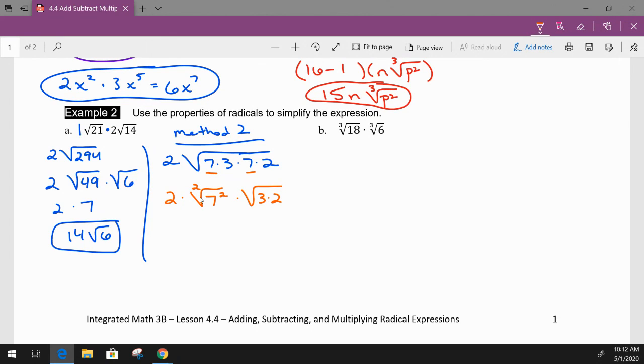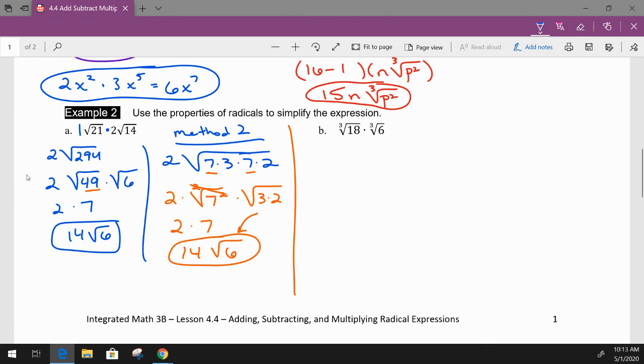So the square root of 7 squared, just like the 49, 7 squared and 49 are the same thing, becomes 7. Multiply it by the 2, you get 14. And then the square root of 3 times 2 becomes square root of 6. So we still get the same answer. We just didn't have to work with that really large number. So what method you choose really depends on how large these numbers are.